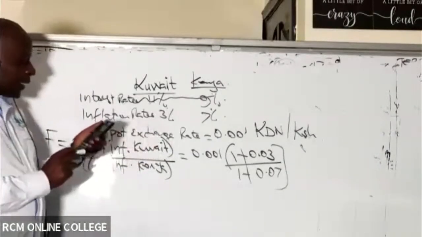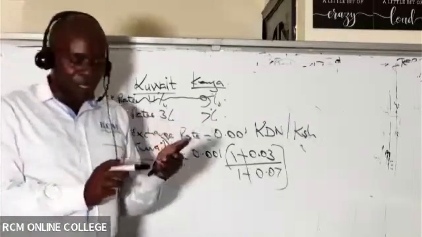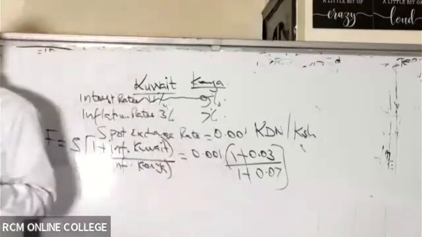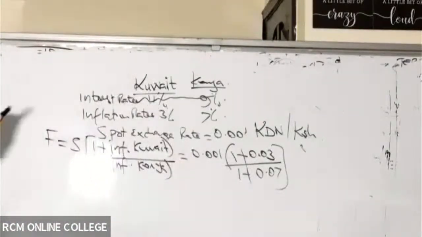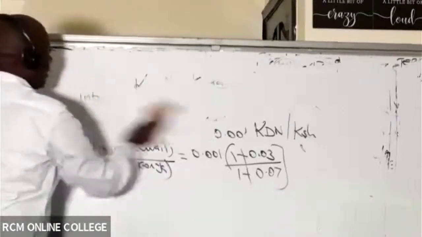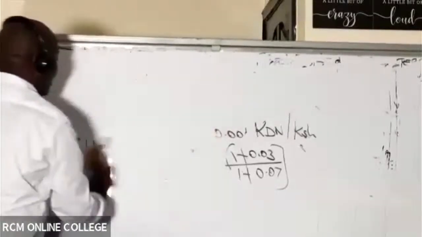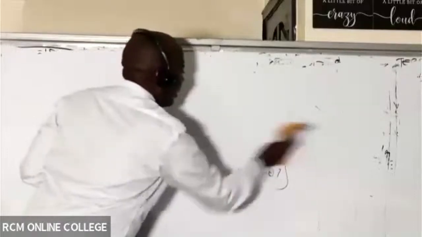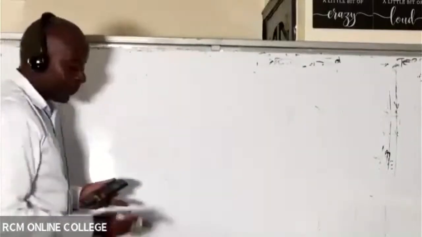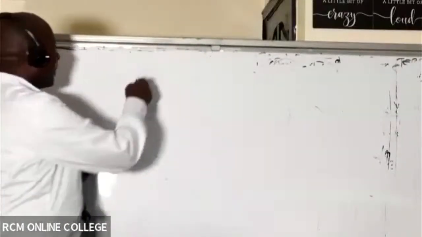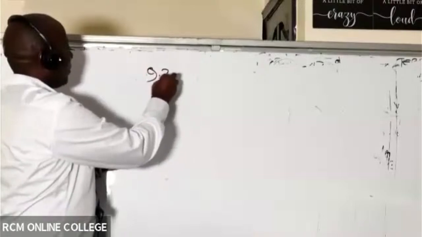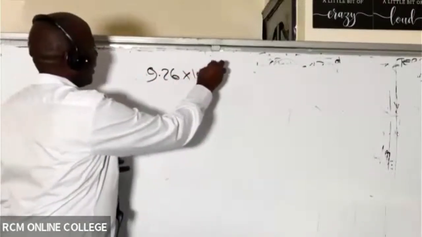I'm getting something very funny, 9.626. This is what I'm getting: 9.626 times 10 raised to -3.